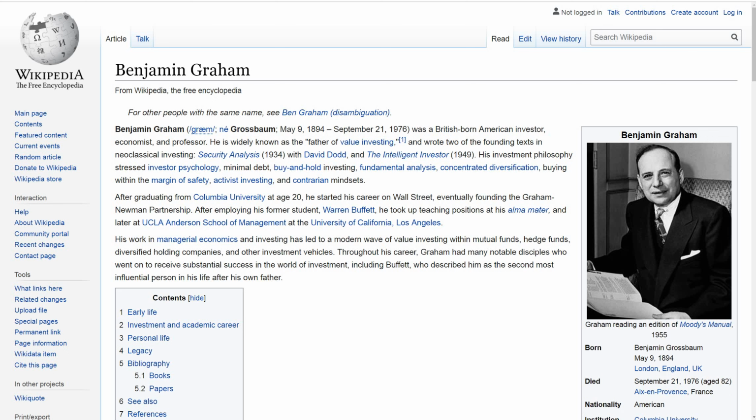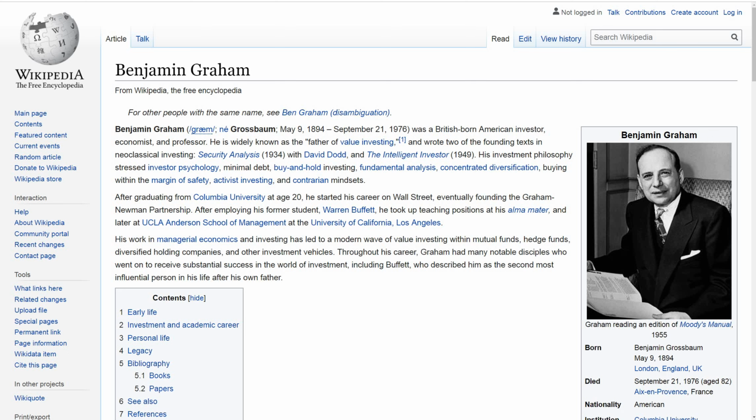So when Warren Buffett first started out investing, he looked towards Benjamin Graham as a teacher. And Warren Buffett is most well known for his value-oriented investing style, that buy and hold.